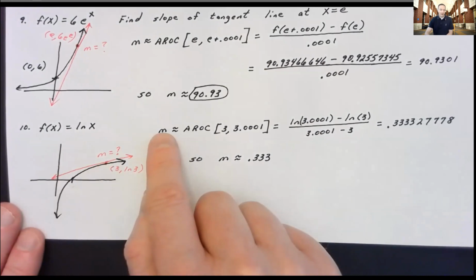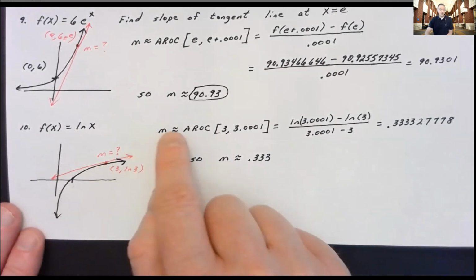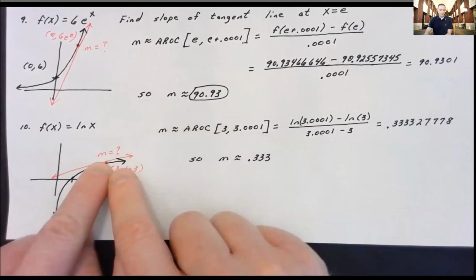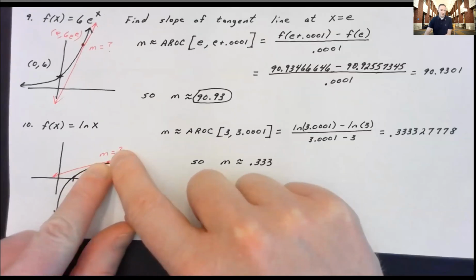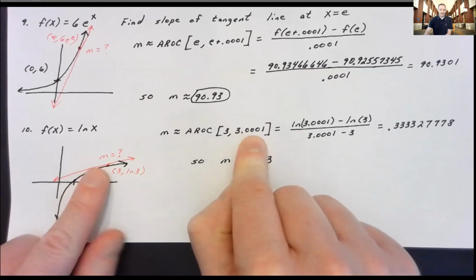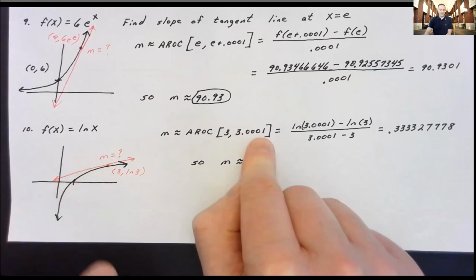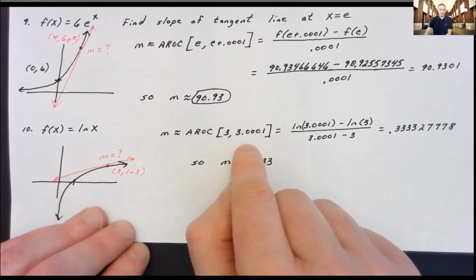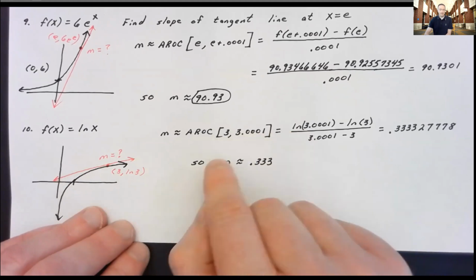I can say, well, I know that the slope of that line should approximately be the average rate of change from 3 to a point just right after it. And again, I wouldn't ever get any less than 1/10,000th. Once you start putting too many zeros, you're just going to run into round-off errors even on your calculator.